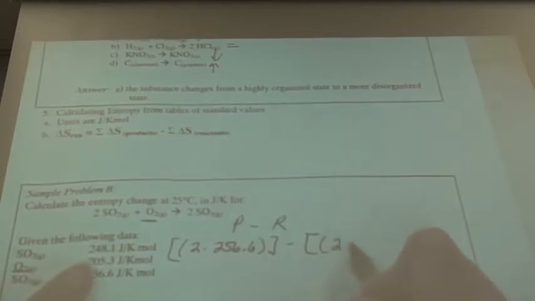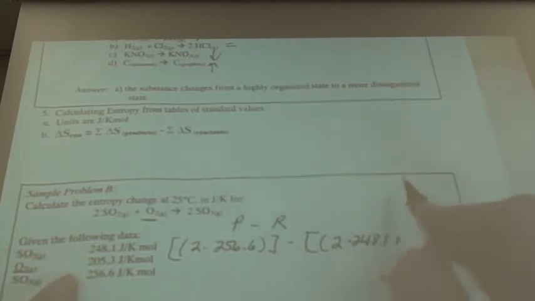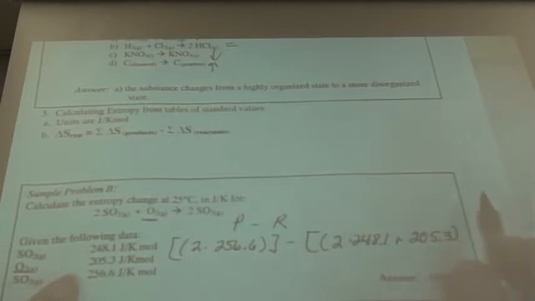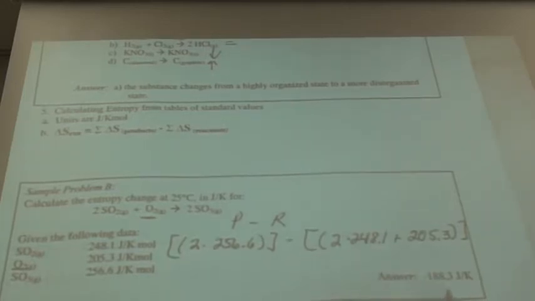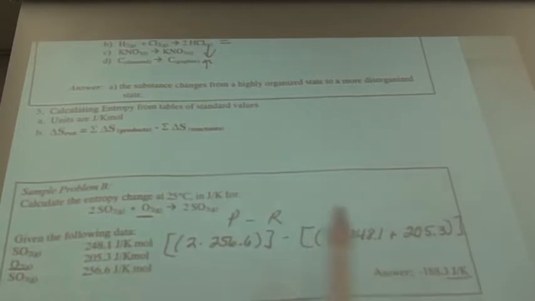SO2 is 248.1, plus the 1 mole of oxygen, which is 205.3. And this is what we come out with, negative 188.3 joules per Kelvin per mole.